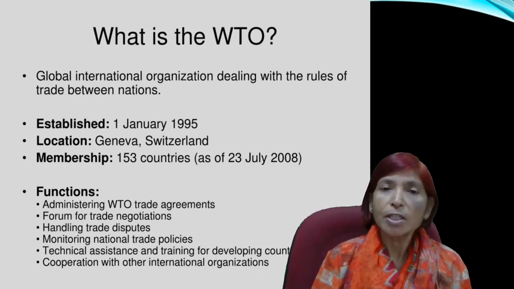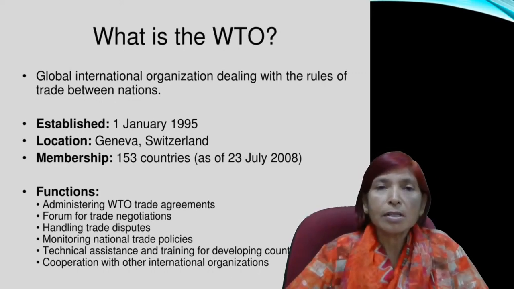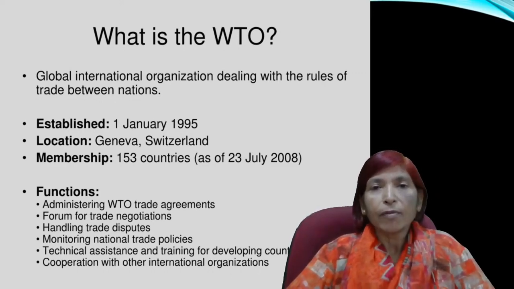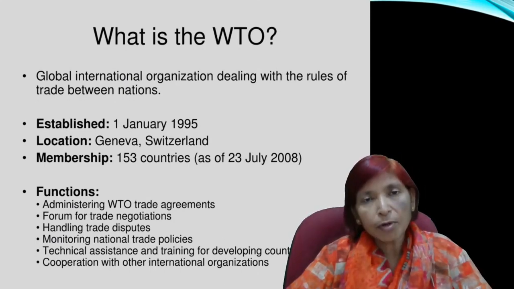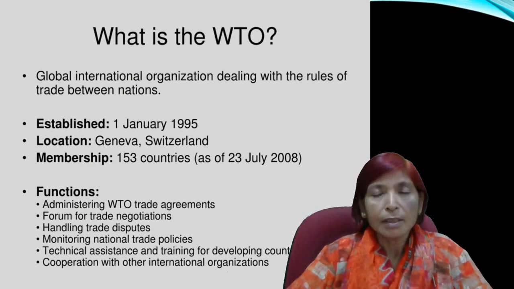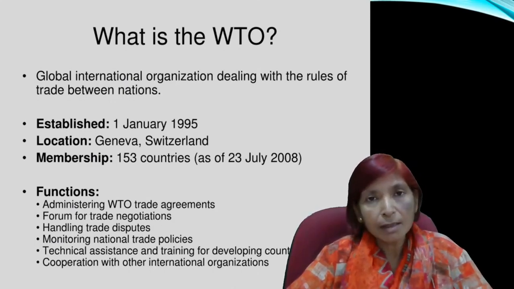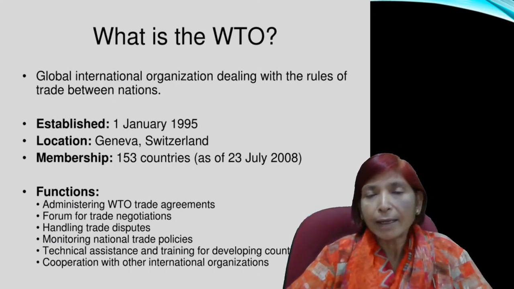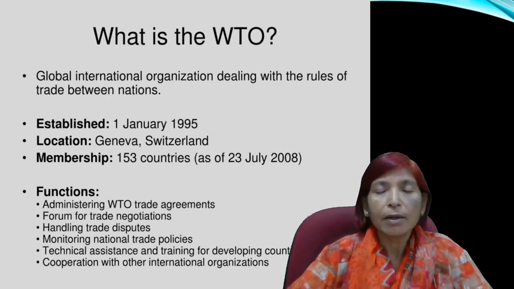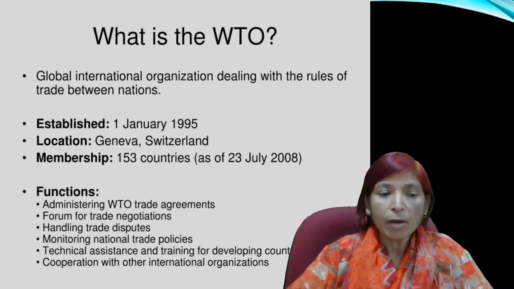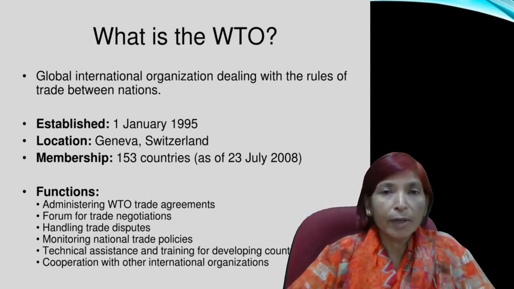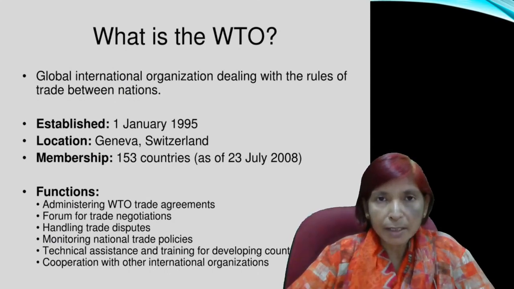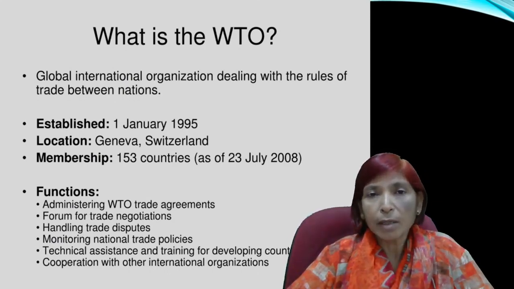And what are the main functions of WTO? The main functions of WTO are, first, administering WTO trade agreements. WTO administers the trade agreements held among different nations for bilateral and multilateral trade. Forum for trade negotiations, and handling trade disputes which generally occur among different nations while doing international trade. And one is the dispute settlement board.